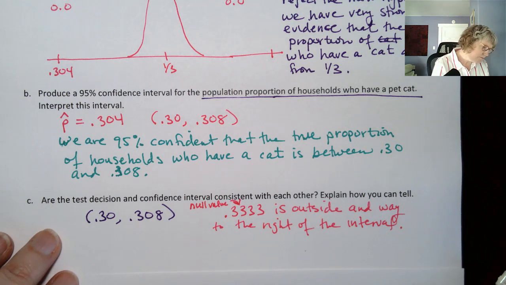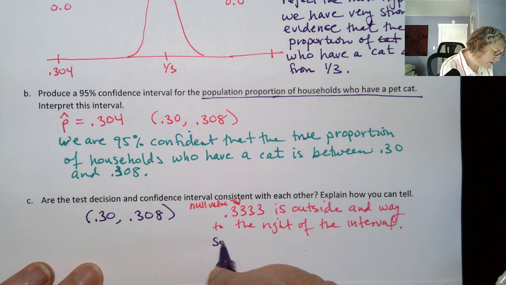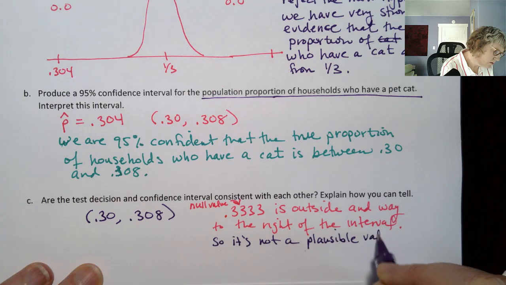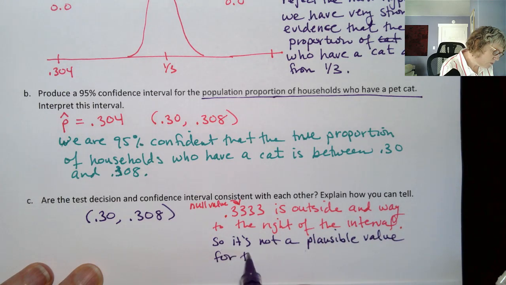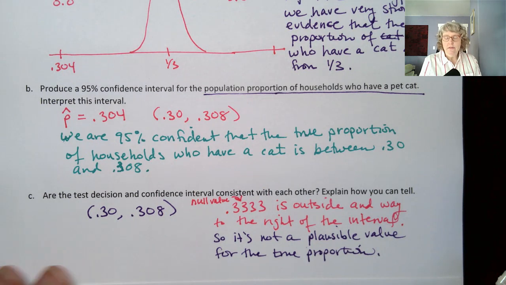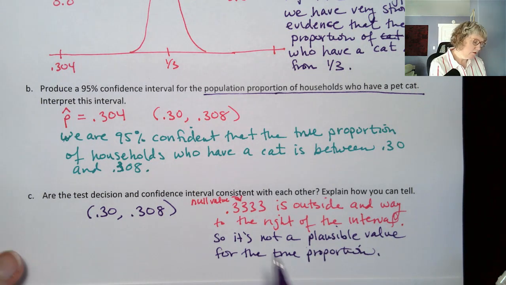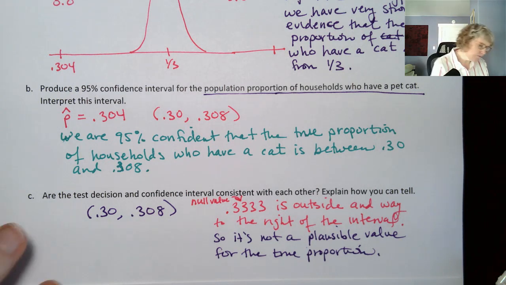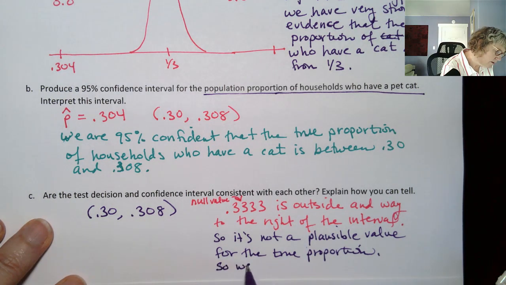So let me write that down. The null value is not a plausible value for the true proportion. Okay, so that's how we could conclude that, right? We could say the null's outside, therefore it's not a plausible value, therefore we reject the null hypothesis.